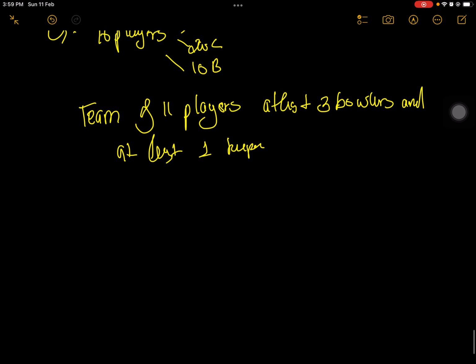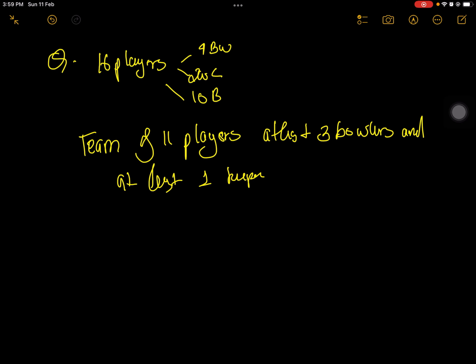So at least 3 bowlers. So let's take case we have exact 3 bowlers. So that's 4C3. Now in that we can make cases for the wicket keepers. So let's say exact 1 wicket keeper. Now batsman, I can choose 10C7 plus let's say you choose exact 2 keepers. So it's 10C6.